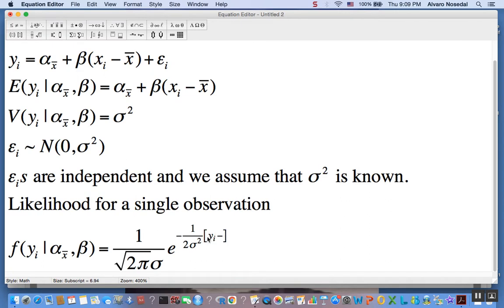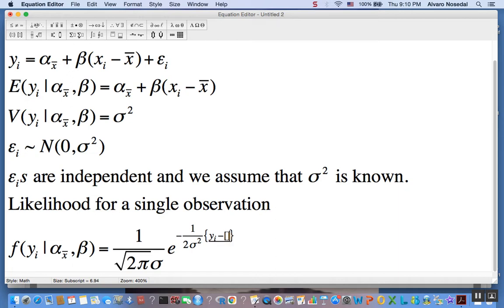Let me write it down like this instead, using curly brackets. Let me rewrite yi, because we have to be very careful with these. We don't want to make any mistakes.